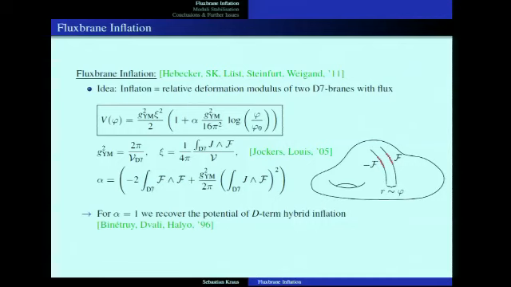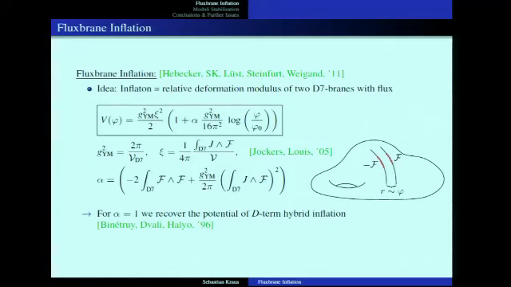Now in this setup you can compute your inflationary potential, and you find that it can be written in this reasonably nice form. I will walk you a little bit through that. g_Yang-Mills is the gauge coupling of the gauge theory which lives on the D7 brane pair. Xi is a D-term which appears in the low energy effective action because you turned on some flux on the D7 branes.